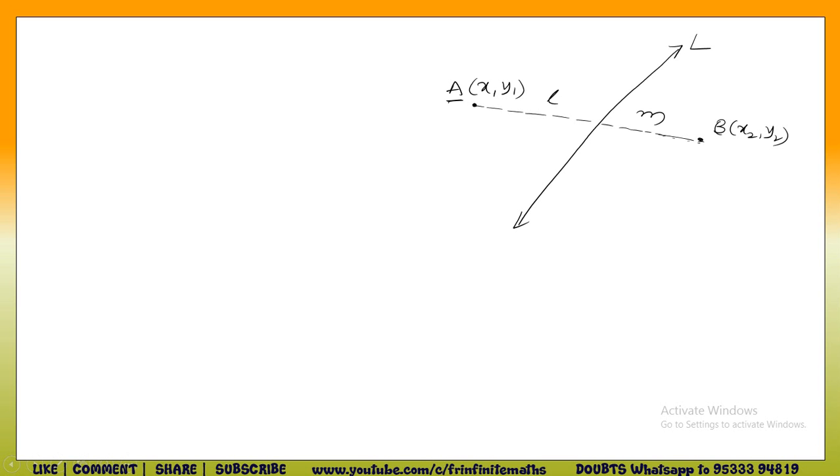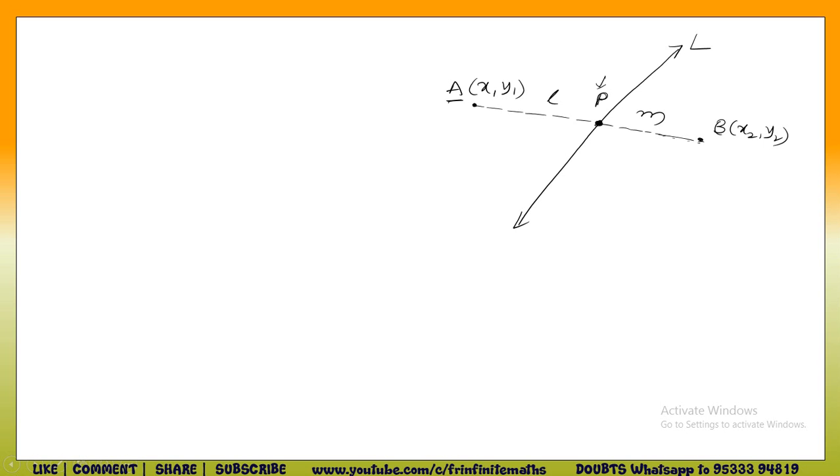Suppose this particular line L is having some point P. So at this point P, the line segment joining AB is being divided in the ratio L is to M. In our 10th class coordinate geometry we already have a basic idea of how to find this point of section, so by using the section formula we can find this point P.